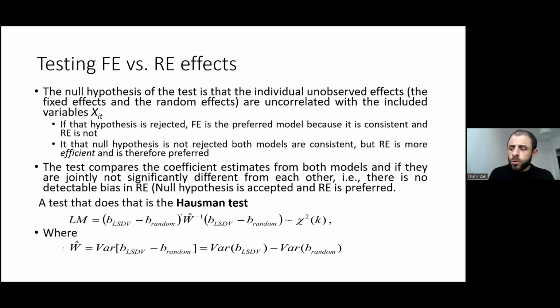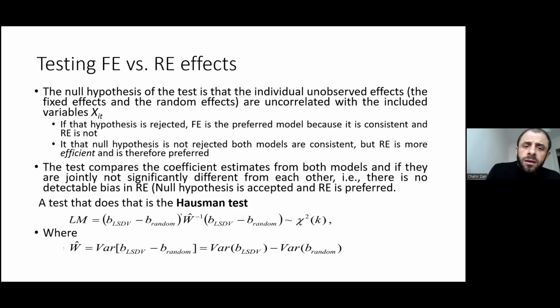And this is very important, because in general, between biasedness and non-efficiency, biasedness comes first, or it has to be treated first. So that's why the null hypothesis of the test, which is the classical Hausman test, is that the individual unobserved effects are not correlated with the variables.